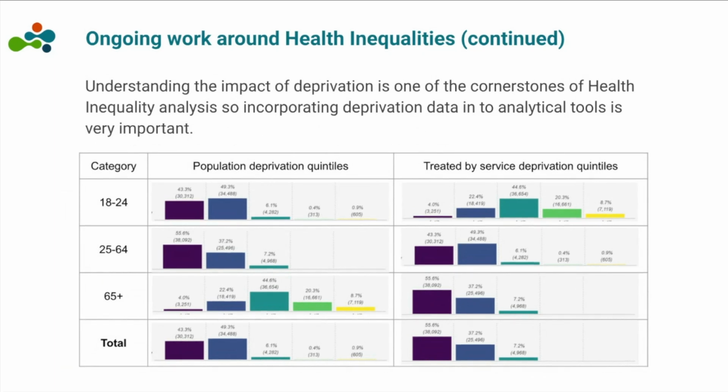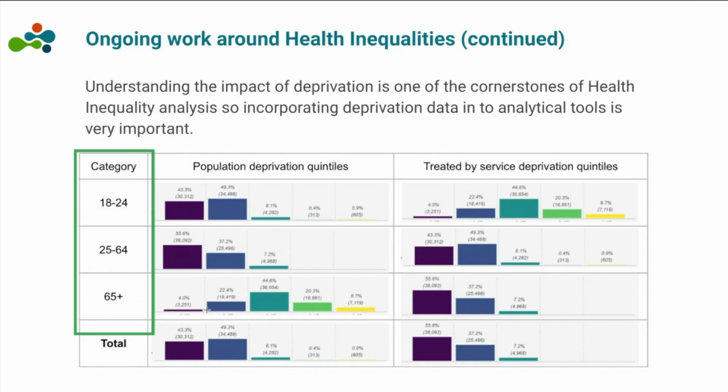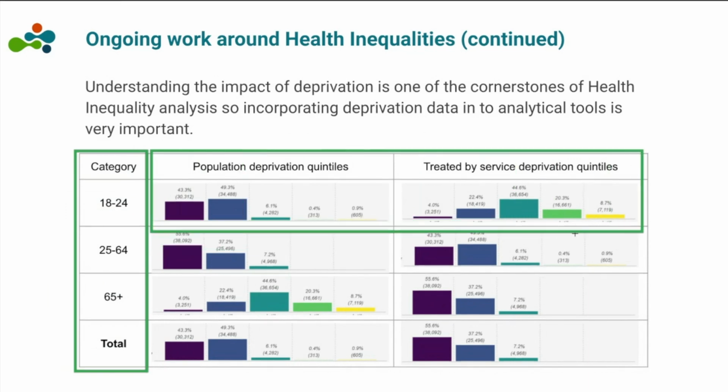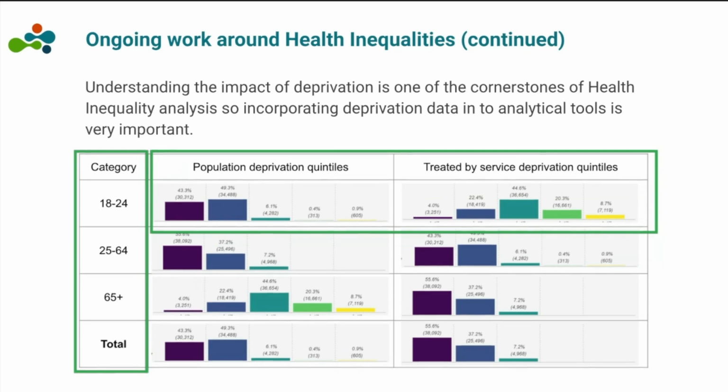The kind of information that we want to be able to put out there is things like this, where you again pick a category to look at, and then just display the difference between the breakdown of deprivation in the population for a given category group compared to the breakdown that you're seeing in service around those people treated.